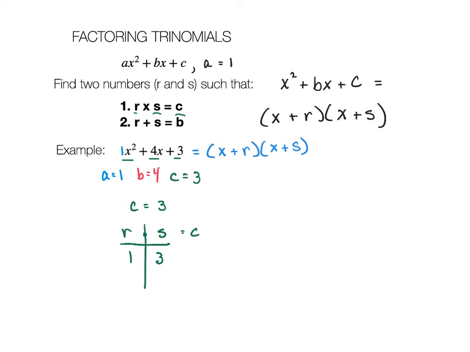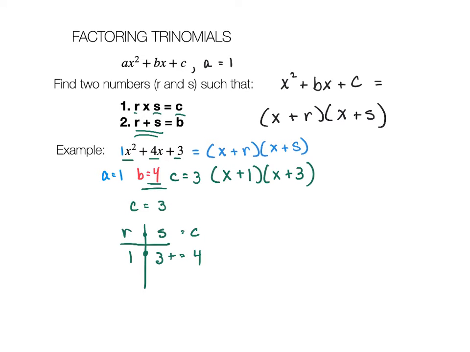That's the only combination that multiplies to give you 3. Let's check the other condition. The other condition is if you add r with s, you better get equal to b. Well, b is 4 for us, so yeah, if we add those, it does equal 4. So they multiply to 3, they add up to 4, and so we know this factorization must be (x + 1)(x + 3).